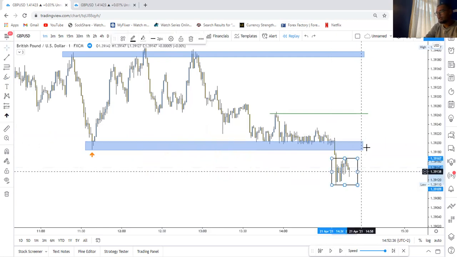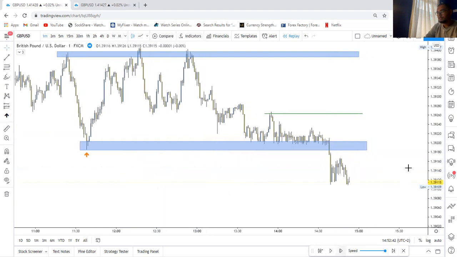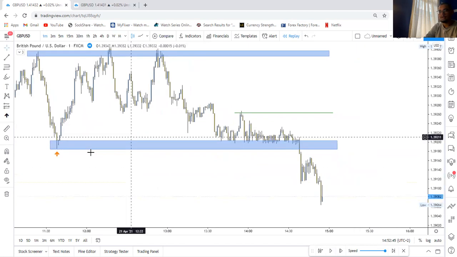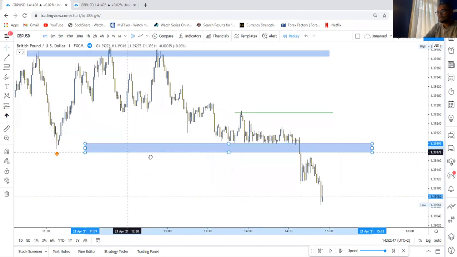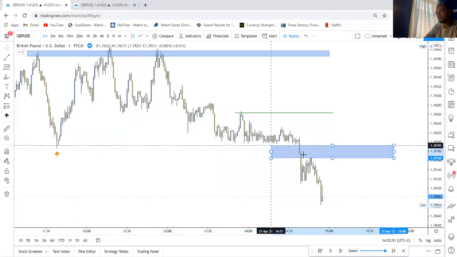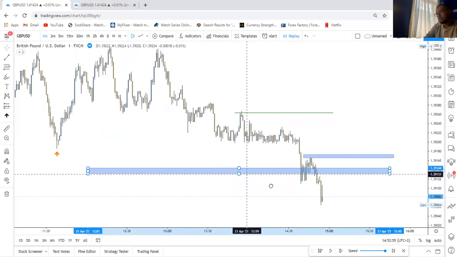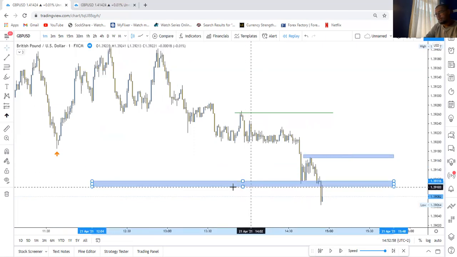So this will not qualify for a breakout and retest. It's too messy for me. So that's exactly what I wanted. Now we just adjust this, move this right here. That becomes your new high. This becomes your new low to be retested.